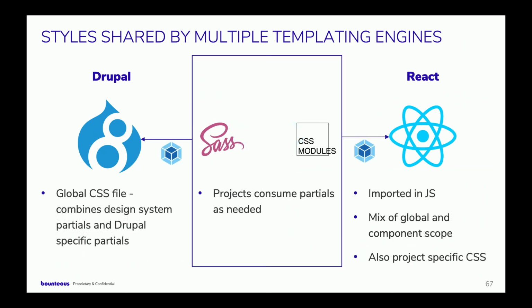So CSS modules opens up some interesting possibilities here because you just have, in this case, Sass partials, right? And each of the parts of the system can consume those as they see fit, or as your team sees fit. On the React side, with CSS modules, we're importing our styles in JavaScript.